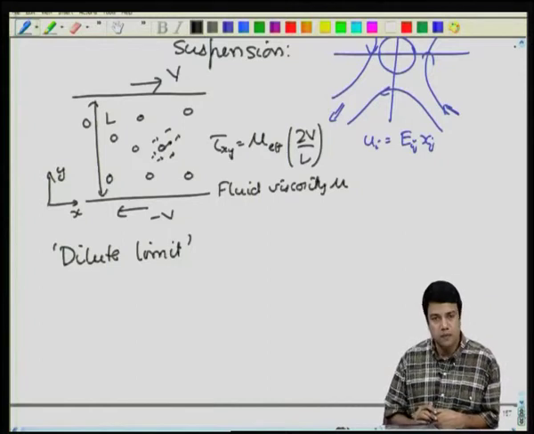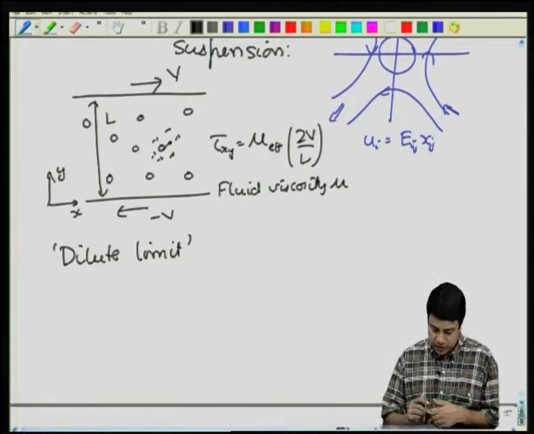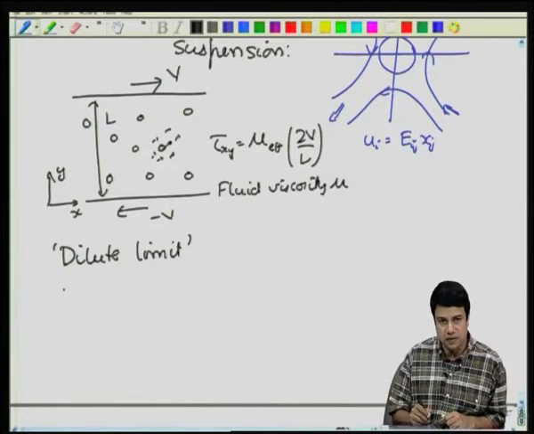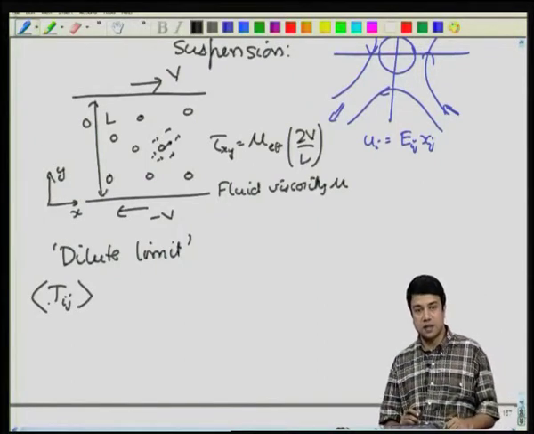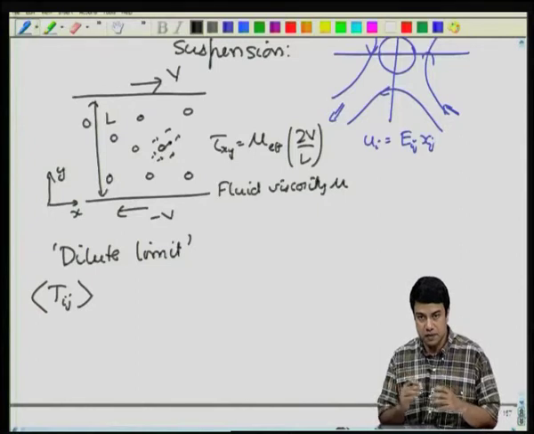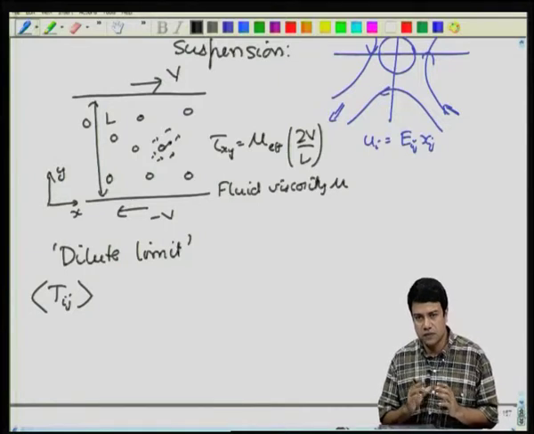So, here we need to find out the ratio of the stress and the strain rate. Now, I will define the stress, Tij, the average stress, the total stress of this entire fluid plus particles, the entire system which consists of both fluid and particles. There are different ways to define it.